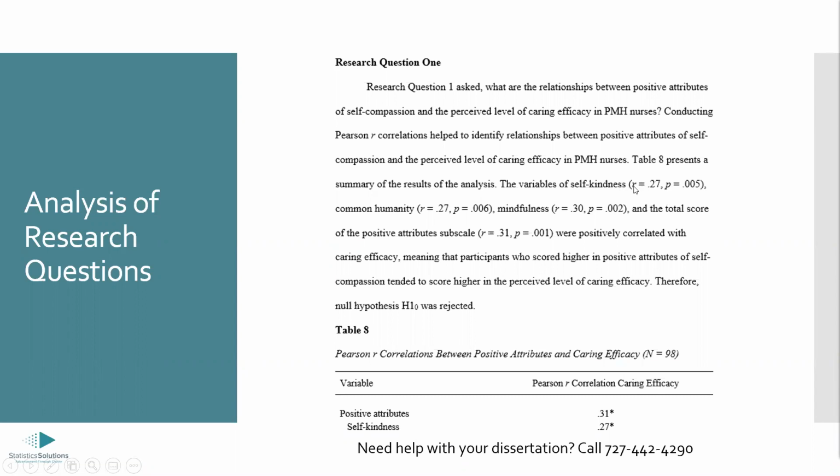Almost all statistical abbreviations, with the exception of Greek letters, should be in italics. That's just another APA formatting issue to keep in mind when you're writing up your results.